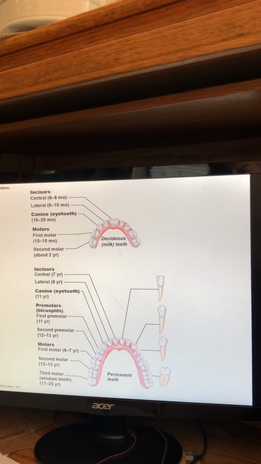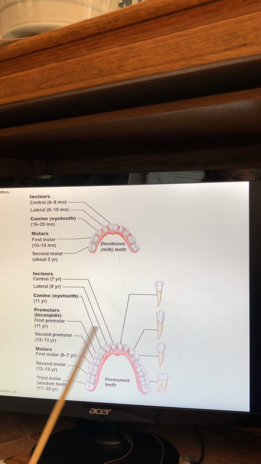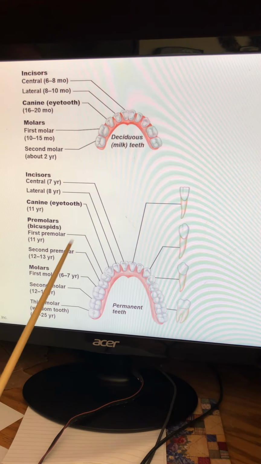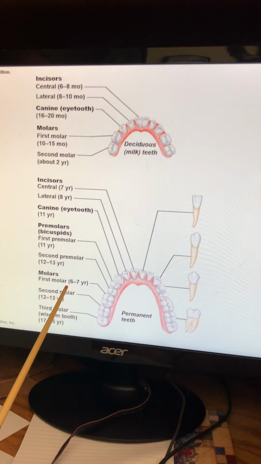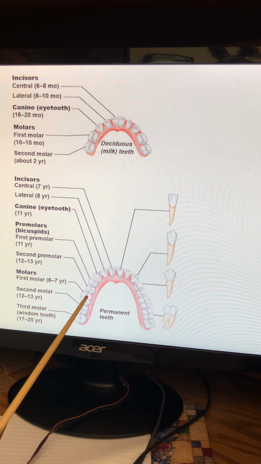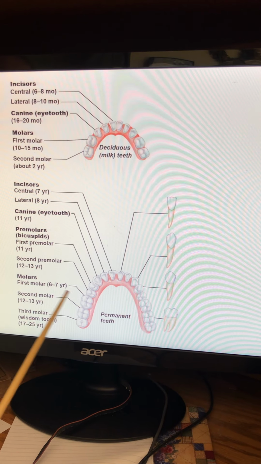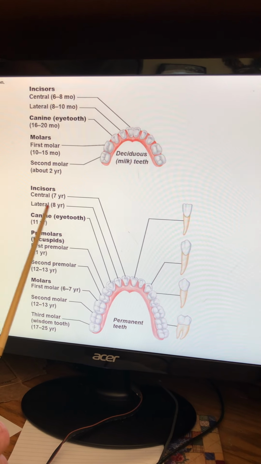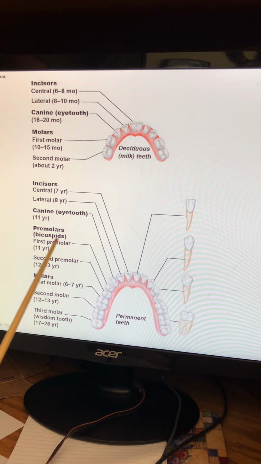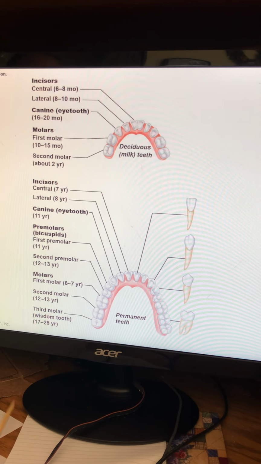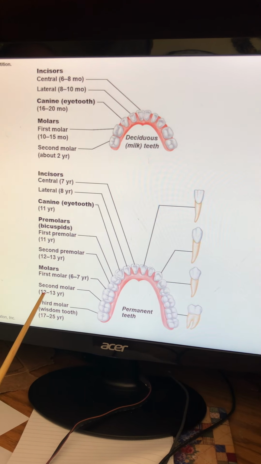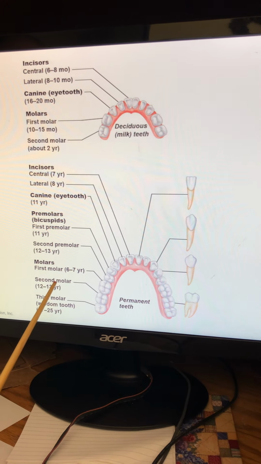One of the interesting things to look at, when do you first start losing your teeth, or when do you first start getting your teeth? The baby teeth start coming in around 6 or 7, and that is the first molars. And then, you may not remember this, you'll start getting around 7 and then 8, and then it'll work its way down 9, 10, 11, canine, premolars or bicuspids, and then finally, at about the early teens, late 12, will be the second molar.